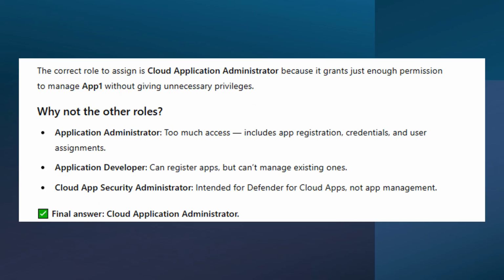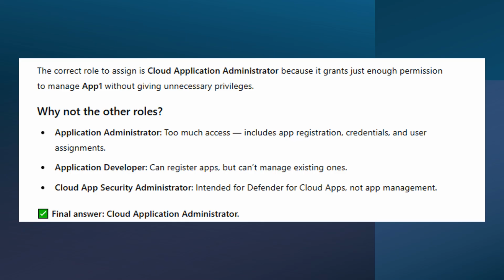The correct role to assign is Cloud application administrator because it grants just enough permission to manage App1 without giving unnecessary privileges. The application administrator is too much access because it includes app registration, credentials, and user assignments.